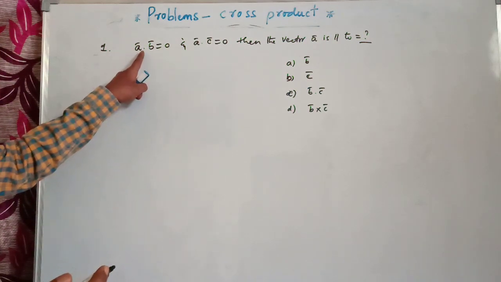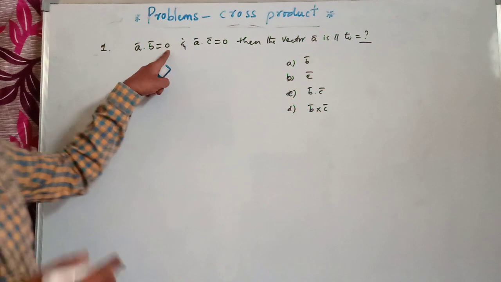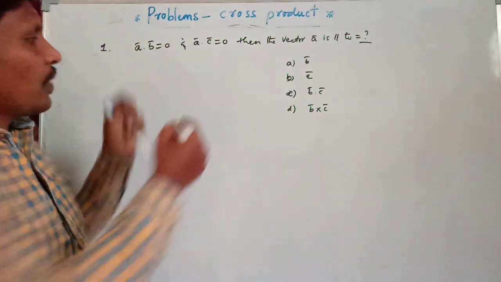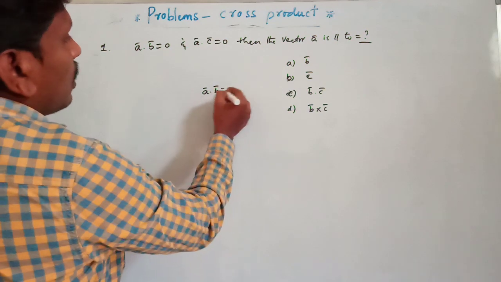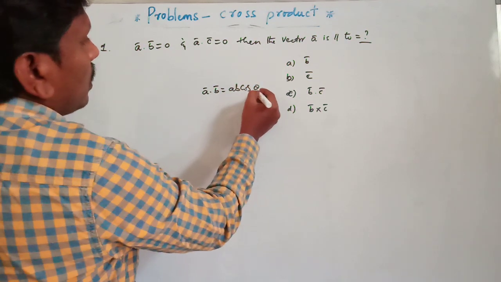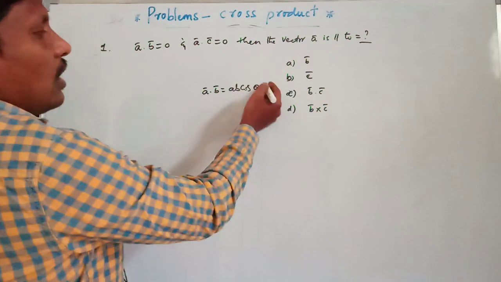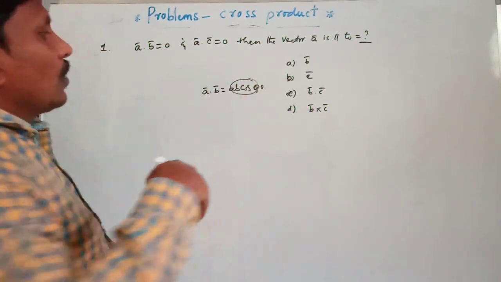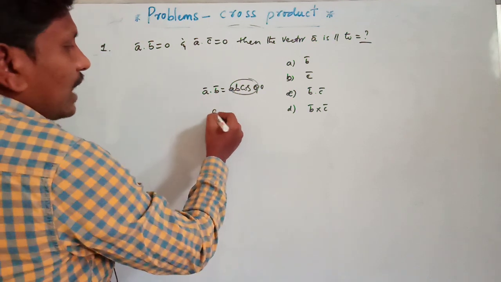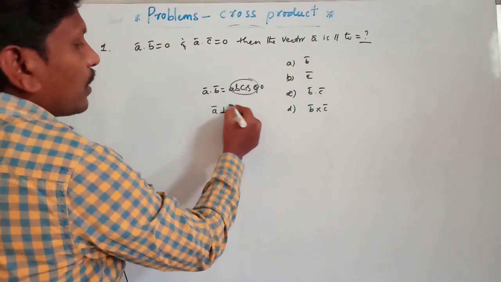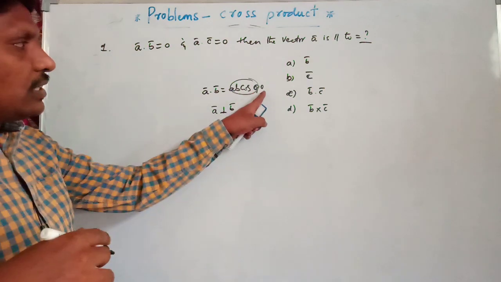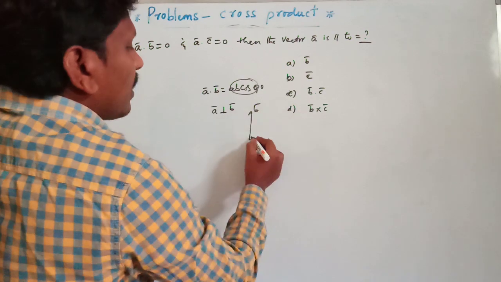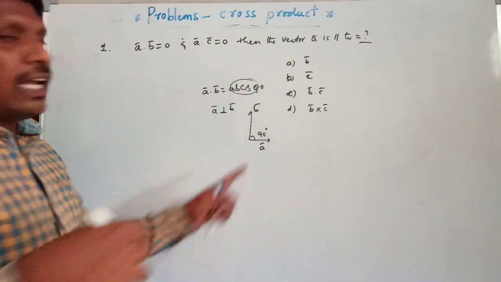This is the dot product of two vectors giving 0, which might be cos 90. Yes or no? We know that A bar dot B bar equals AB cos theta. If theta is 90, cos 90 is 0, so the total becomes 0. From that we can write that A bar is perpendicular to B bar, because the angle between them is 90.